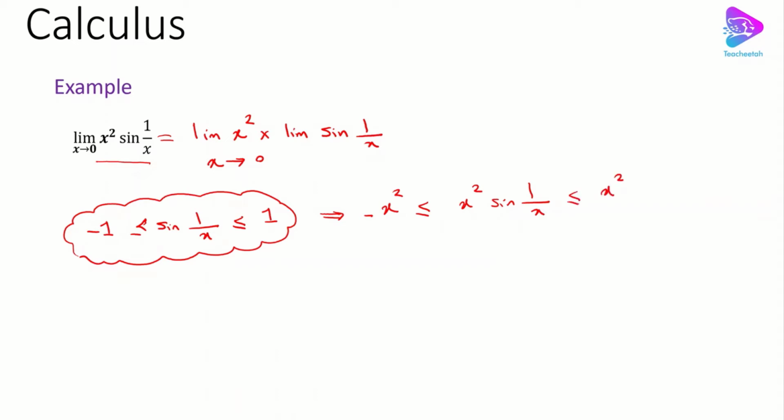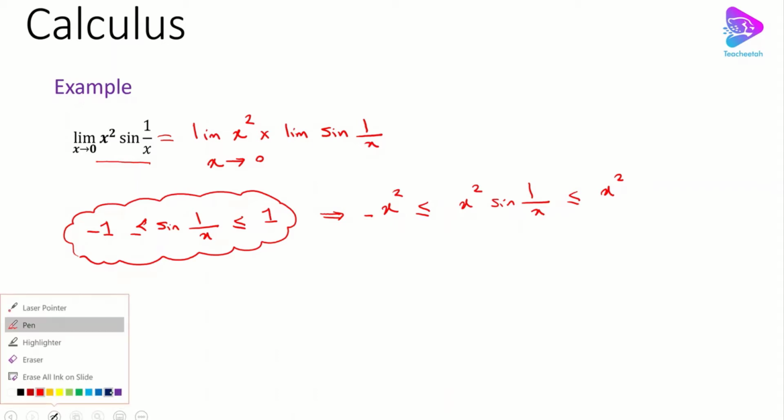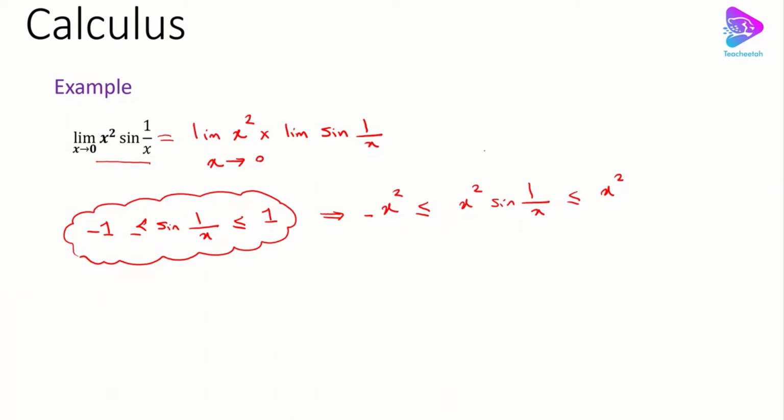This is exactly the form of, let's use another color, this is exactly the form of f of x, and then here we have h of x, and here we have g of x, for example. Now we can use the second part of the squeeze principle.